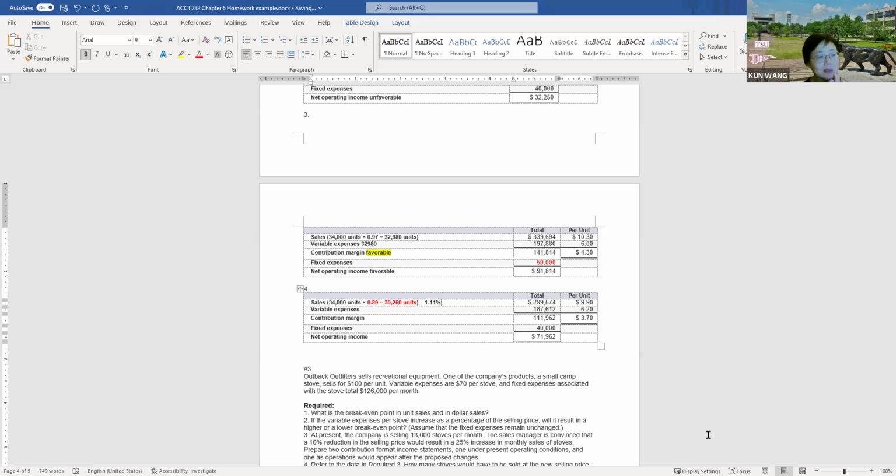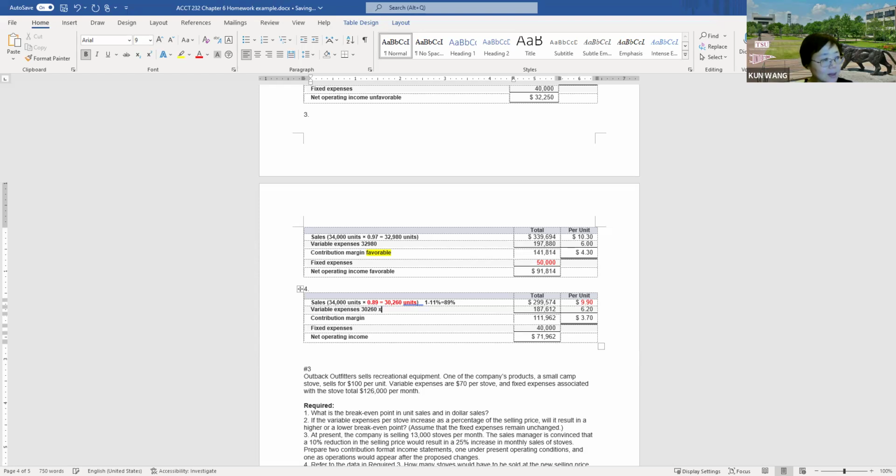So 1 is the current benchmark, and this is 89. And also the price decreased by 10%. So be careful. Initially we have $10 and now it's $9.90. So 10% is 10 cents. So the current price is $9.90. Variable expense also uses the adjusted volume.